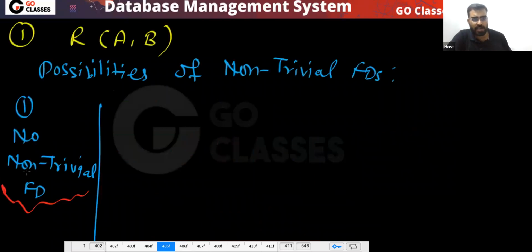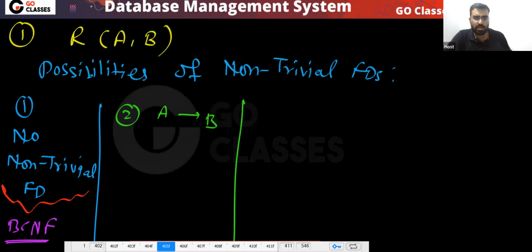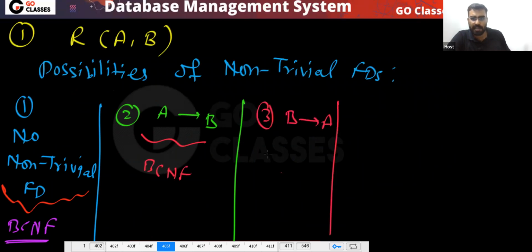So if you don't have any non-trivial FD, no problem. Your relation will be in BCNF. There is no BCNF violation. Second, if you have A determining B, then also there is no problem, it is in BCNF. Third, B determining A, then also BCNF.